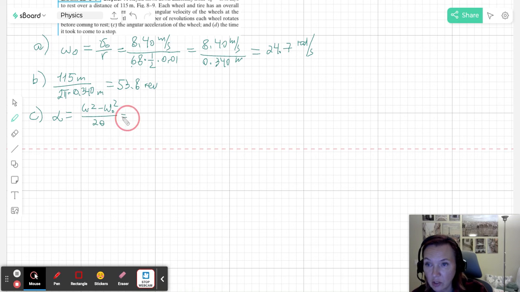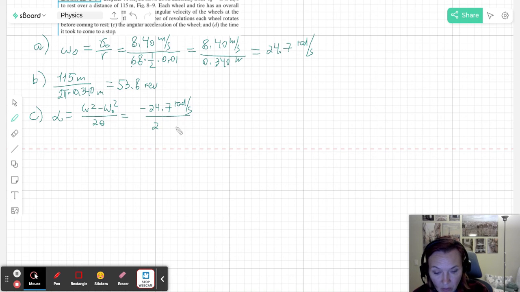The initial velocity is 24.7 radians per second, which is what we calculated in part A. And our angle is 2 pi radians times 53.8 revolutions, since each revolution is 2 pi radians.